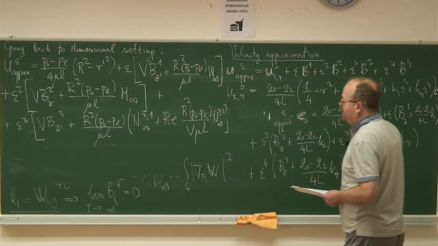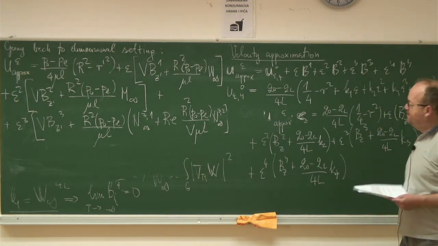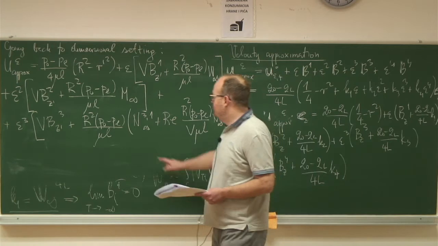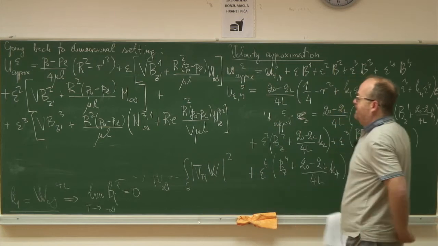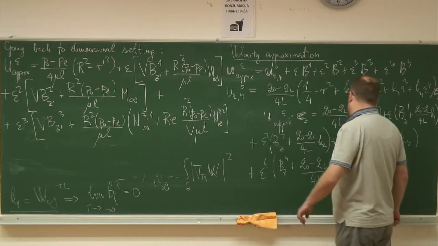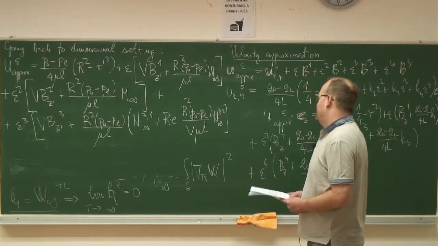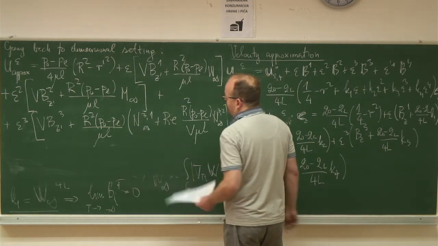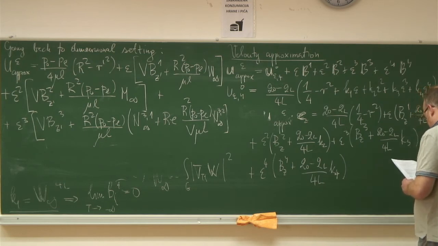Okay, what do we have here? So this is this term here. To solve the boundary problem for the boundary layer corrector B3, we have to introduce two auxiliary problems, because in the problem satisfied by this boundary layer corrector, the inertia terms also appear, and these are the corresponding stabilizing constants.